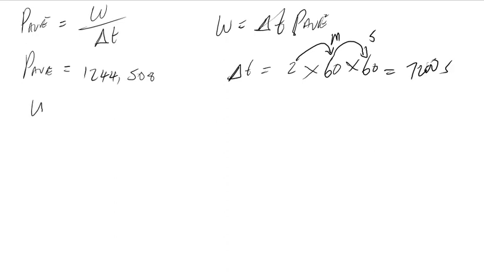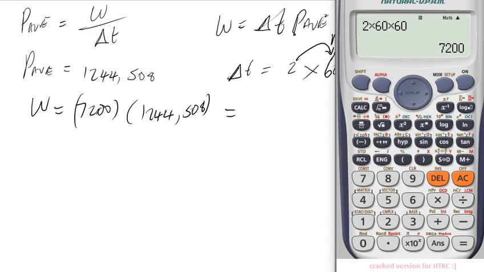That's your time. So therefore, W will be equal to 7,200 times 1,244.508. It's a huge number.